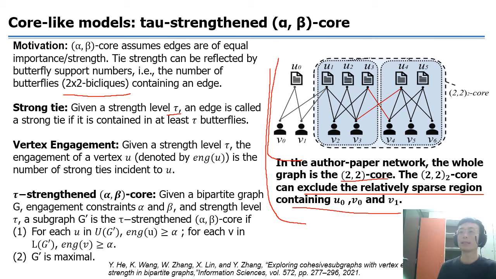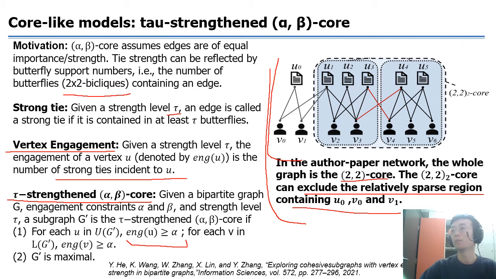An edge is a strong tie if it is contained in at least tau butterflies. And also, we can define the vertex engagement as the number of strong ties of a vertex. So the tau-strengthened alpha-beta core can be defined by replacing the degree of the vertex with the engagement of a vertex.